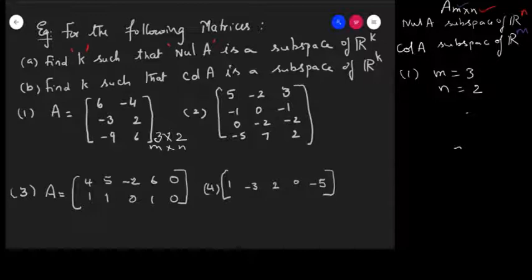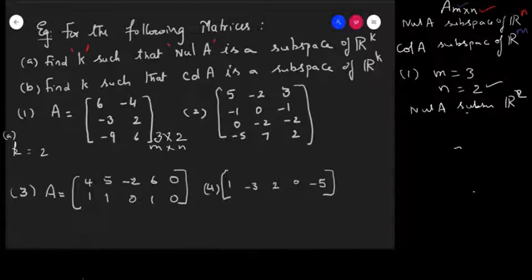Here null A is a subspace of Rn, where n is 2, so R2. So null A is a subspace of R2 means k is equal to 2.